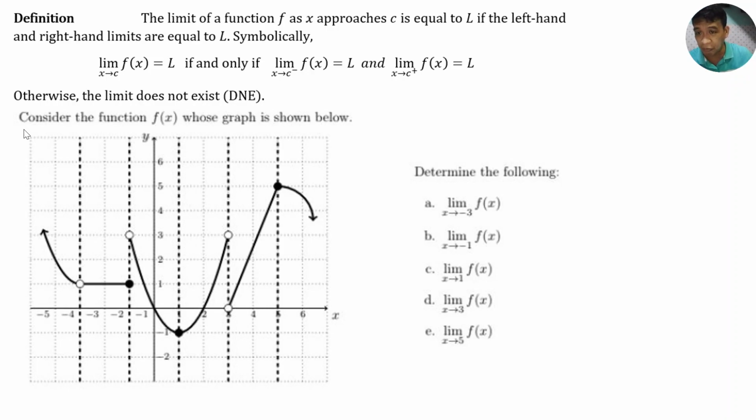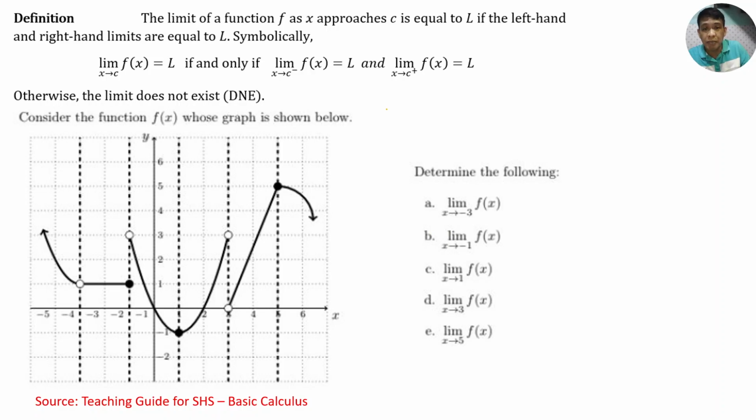Let us try to consider this function f of x whose graph is shown below. This was taken from the teaching guide for senior high school ng basic calculus ng DepEd. Given this graph, determine natin yung limit ng f of x as x approaches negative 3. Ano ang ating titingnan? Yung left hand limit at saka yung right hand limit.